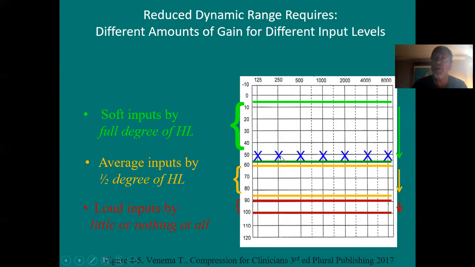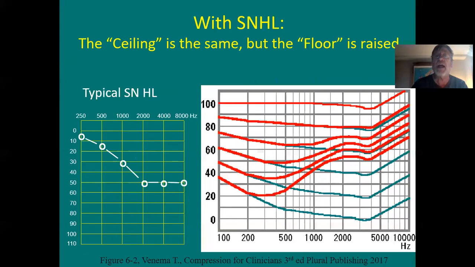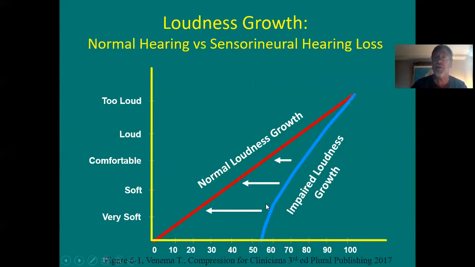But let's say a sound came in like this yellow line. So it's audible to the guy with the 50 dB loss. How much should that be amplified? By less. And now let's say if this red line became audible to the client, how much would I amplify this? By even less. So the green, the yellow, and the red arrow are showing you the very same thing as these three arrows here.